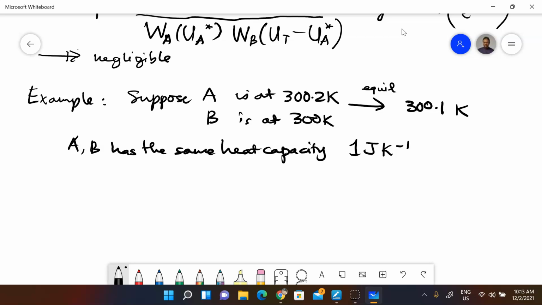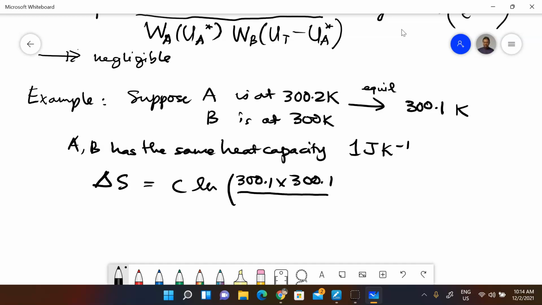So the change in entropy, or the fluctuations, can now be written as C log of 300.1 times 300.1, since system A and system B reach the same temperature, over 300.2 times 300.